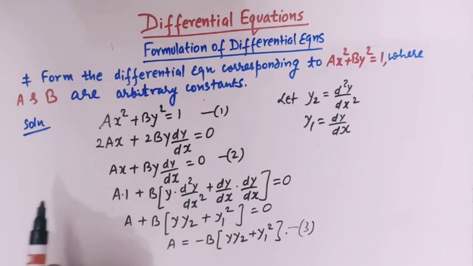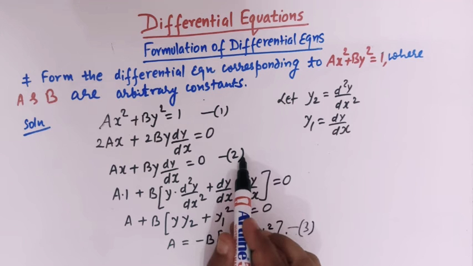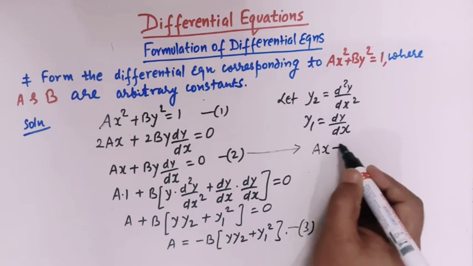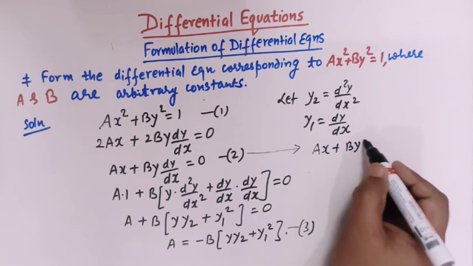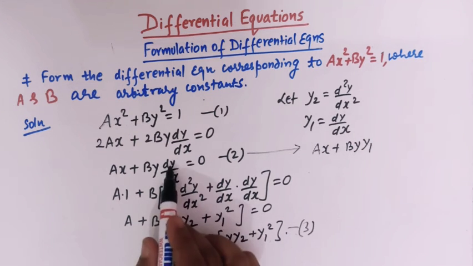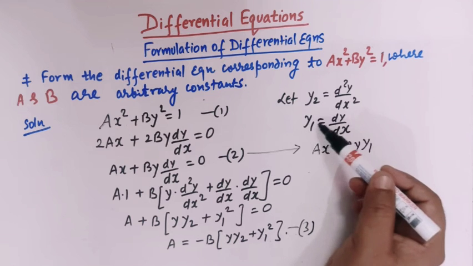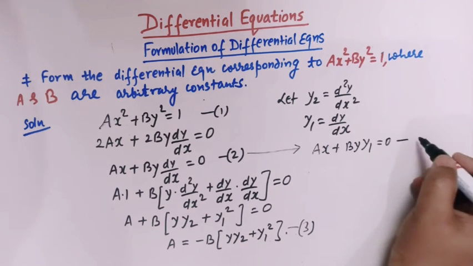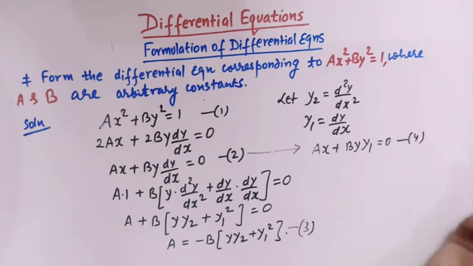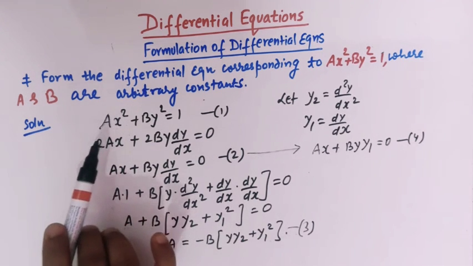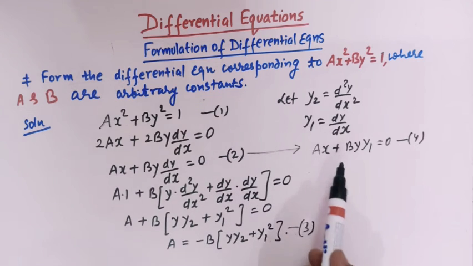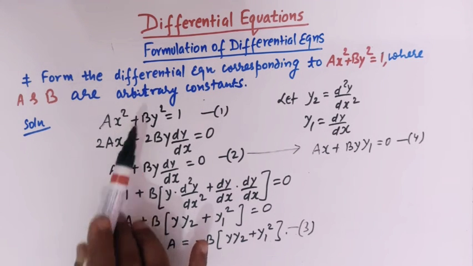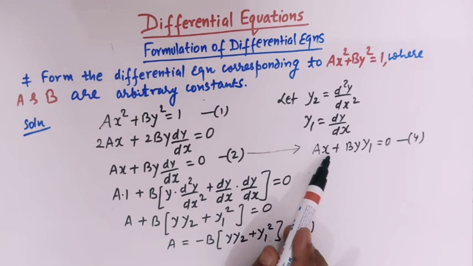Now let us write equation 2 as ax + b y y1 = 0, because dy/dx we are taking as y1. Let us call this equation number 4, and now let us eliminate a from equation number 1 and equation number 4.